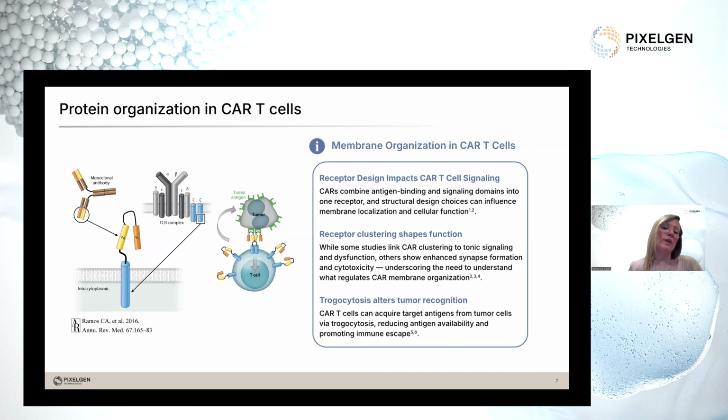So why do we actually want to use this technology for looking at CAR T cells? Well, the membrane organization is really key in all immune cells, all cells in the body in general, and of course then also in CAR T cells. So let's go into a few examples where the organization of the CAR can actually influence the function of these cells.